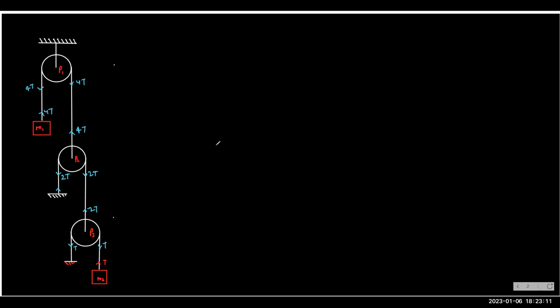If you start with T at the top, it will keep on dividing as you come down to the bottom. It will become half of the value you start with, if you go from top to bottom. So as a practice, it is always good to start from the bottom and go towards the top. Is it clear? Yes.